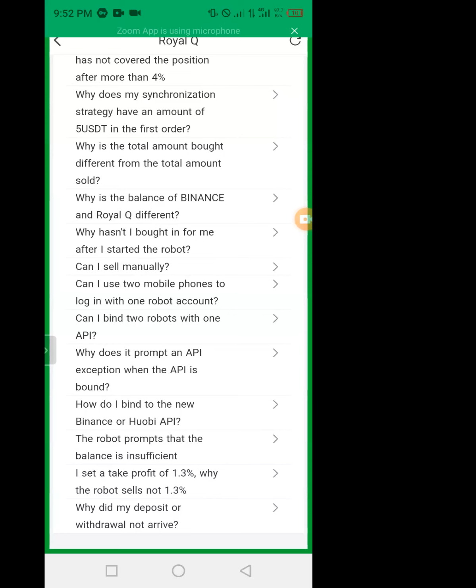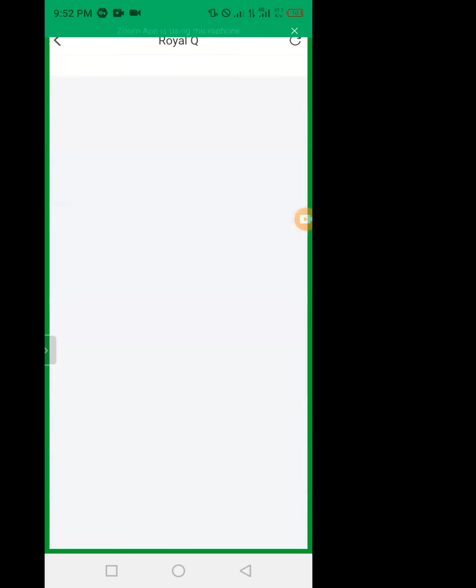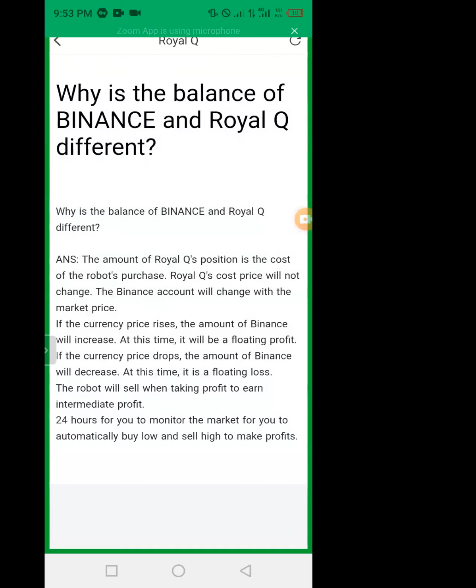Why is the balance of Binance and Royal Q different? And the answer is here. The amount of Royal Q's position is the cost of the robot's purchase. Royal Q's cost price will not change. The Binance account will change with the market price.